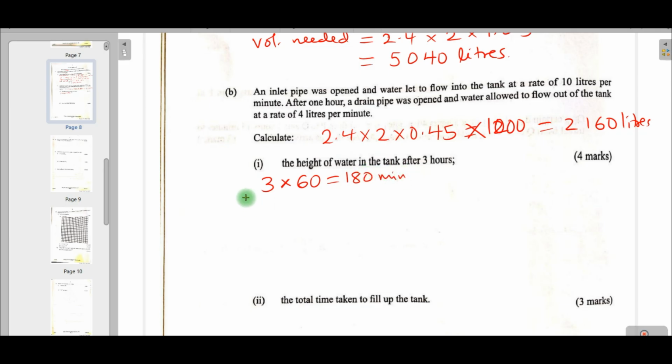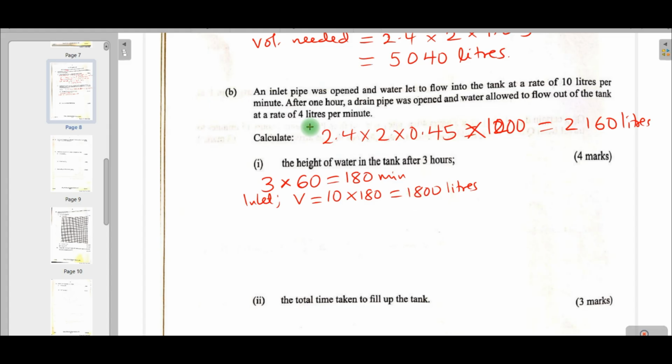And the rate for the inlet, 10 liters per minute multiplied by 180, so that is 1,800 liters. So after 3 hours, the inlet will have let in 1,800 liters.